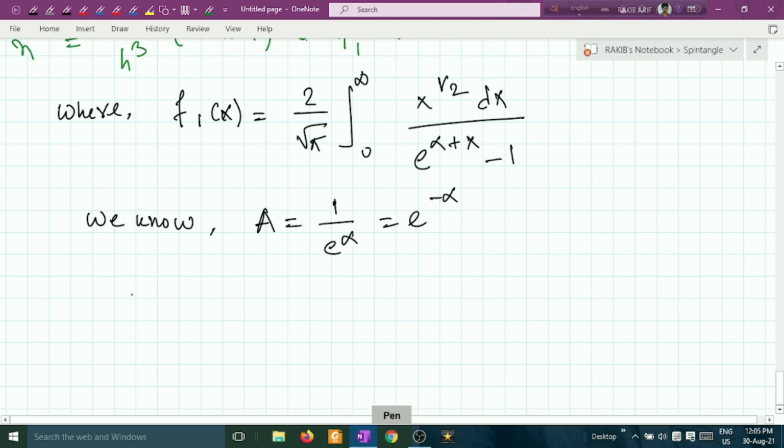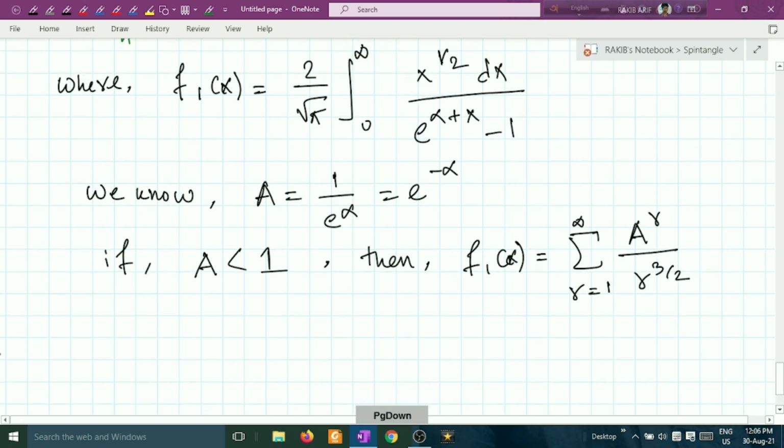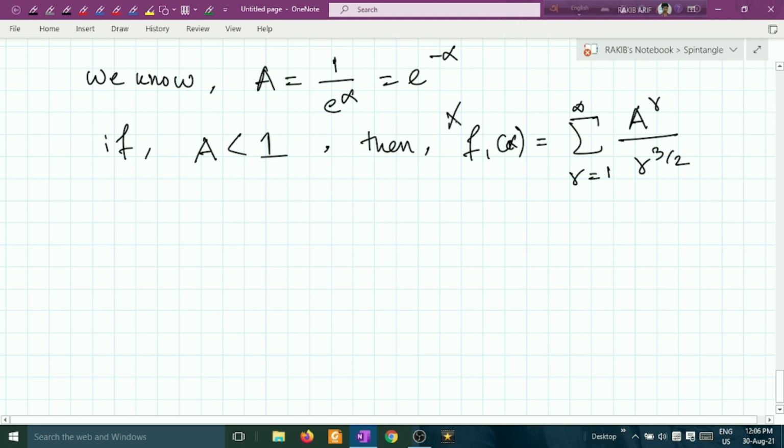Okay, if a is less than 1, therefore f1 of alpha becomes summation. Just remember this thing, I am calculating this thing because of your purpose. It becomes a to the power r, and here is r to the power 3 by 2. You do not have to remember this thing.